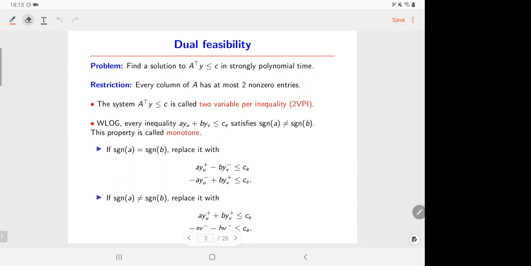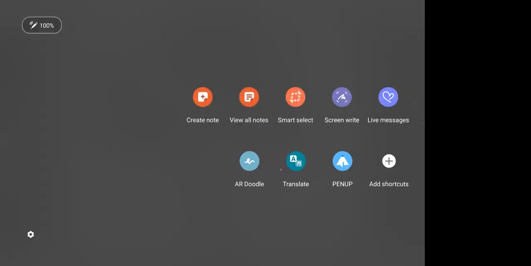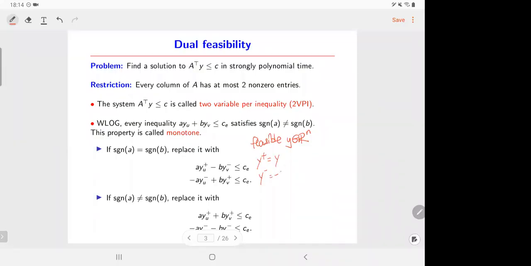This is easy to see because if you have a feasible y to the original system, then if you define y^+ by y and y^- by -y, clearly it satisfies the constraints of the new system.